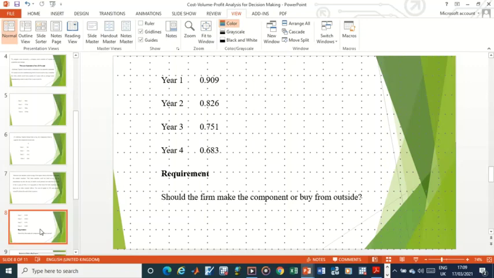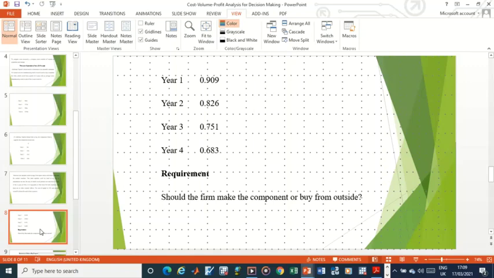Lastly, the fourth year is 0.683. Then you are required to find out through quantitative analysis if the firm should make the components or buy it from outside.